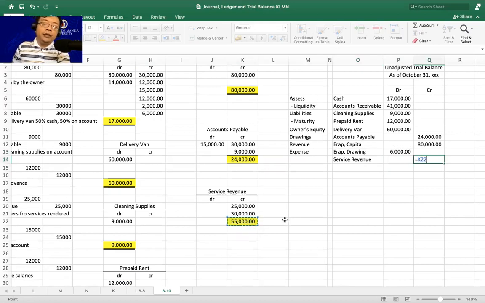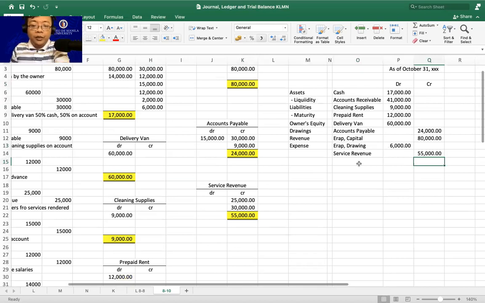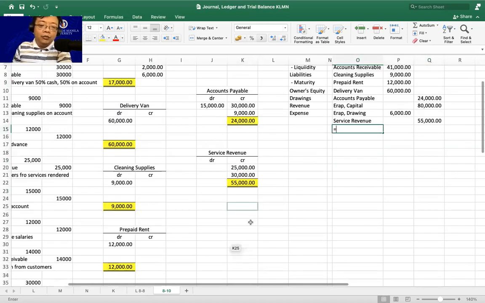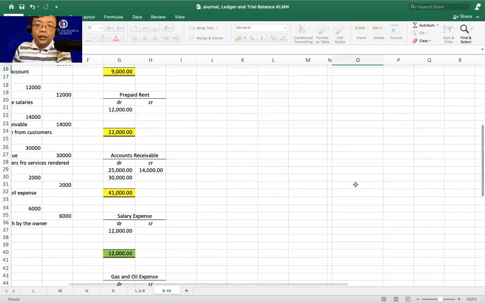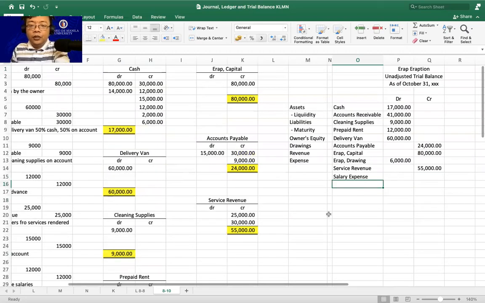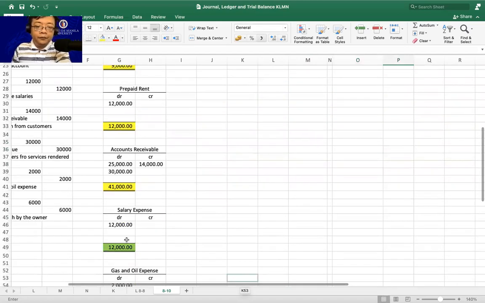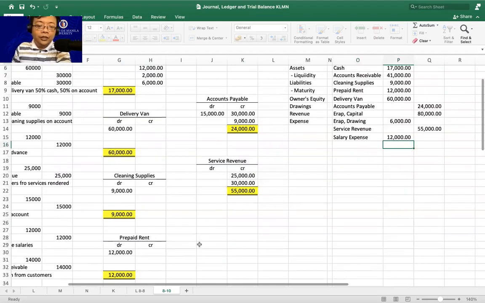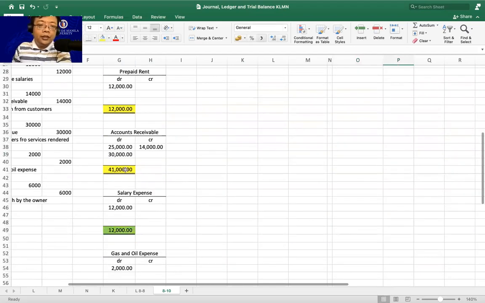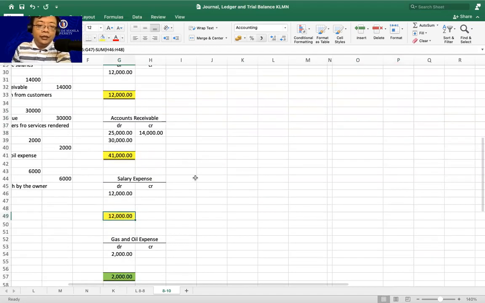Next, expenses. By the way, there is no required arrangement for expenses, so whichever comes first. Salaries expense worth 12,000. So I put yellow again. Followed by gas and oil expense.